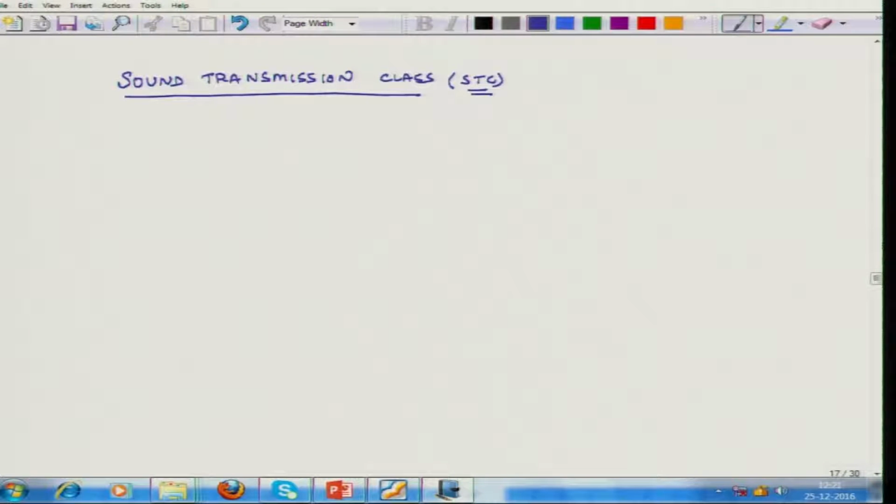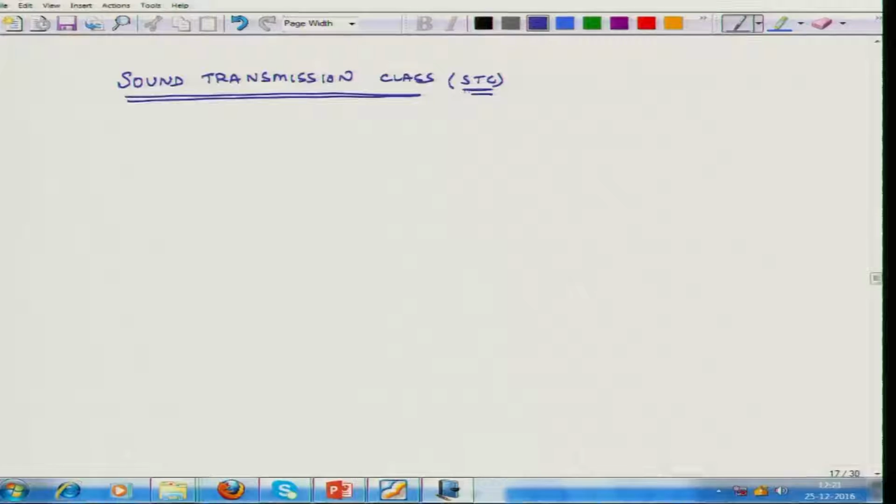Sound transmission class. If you make the window yourself, you can also measure the sound transmission class for your own window. And if you are buying ready made windows, you may want to ask what is the sound transmission class for the window you are buying, or if you are putting in a door, they may have a sound transmission class.